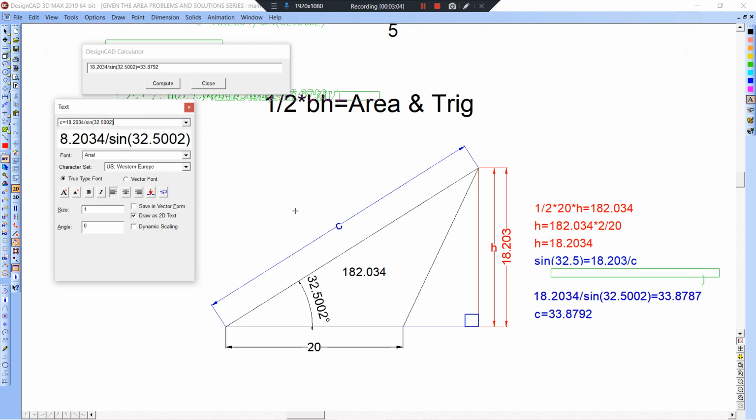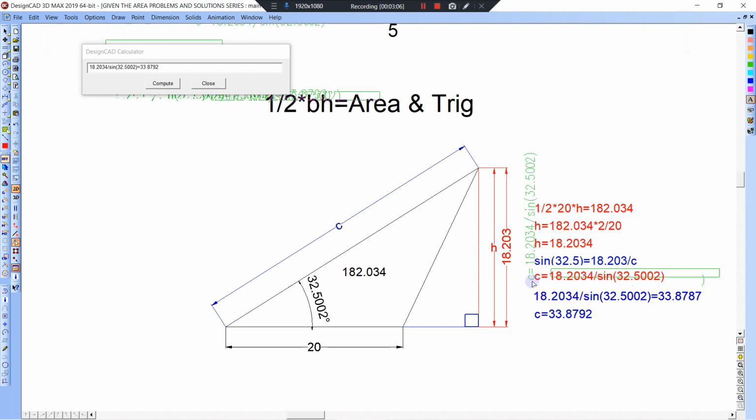So I could spend the extra step. The video's a little longer, but this is showing the algebra in case you're not up to speed with the algebra and you're just learning. So actually that's kind of weird that I did it that way.